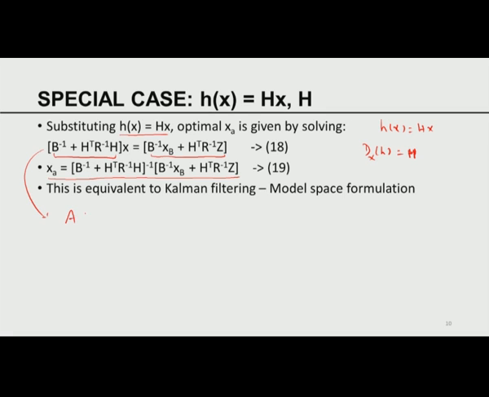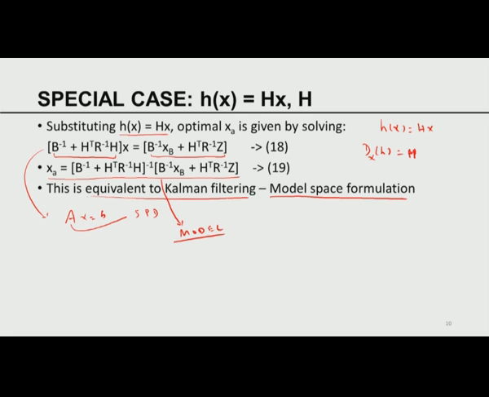This system is like Ax equals b, again A is SPD. We already know how to solve SPD systems. And it is no accident that this is exactly the same relation that we derived in the model space formulation in the Bayesian scheme. So this is equivalent to the Kalman filter equation, the model space formulation.